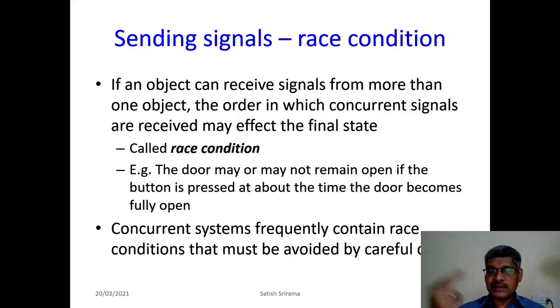So the order in which the signal comes decides whether the door is left open or starts closing. These are race conditions. Concurrent systems frequently contain race conditions. These things are to be avoided to the extent possible, and they can be avoided by careful design. Your design should consider these things as well.